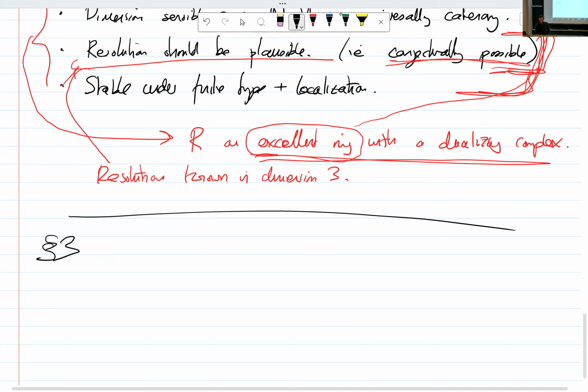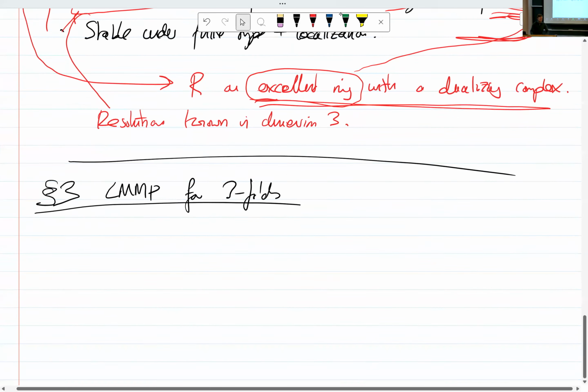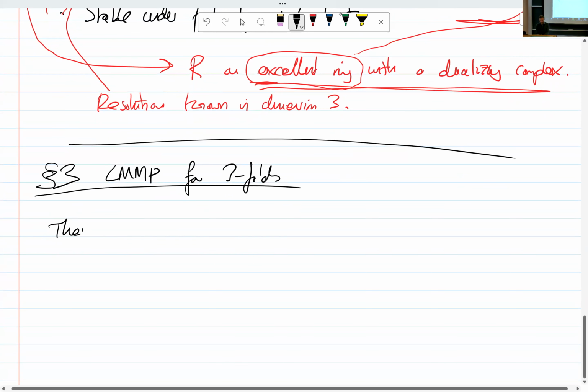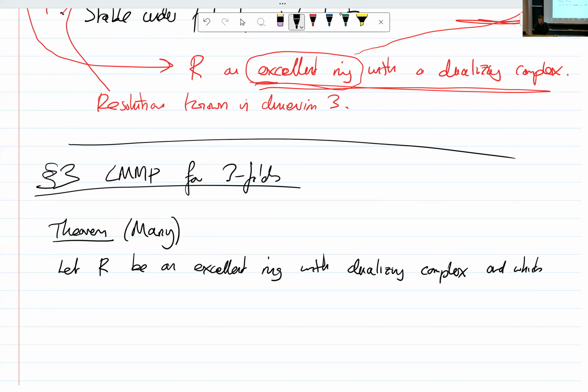Okay, so section 3, LMMP for threefolds. So this is really what we've been doing, MMP for dimension 3. So I guess the theorem, which is not necessarily my theorem, but just the conglomeration of all the stuff that's been done, says: let R be an excellent ring with dualizing complex, and which has no residue characteristics 2, 3, and 5.